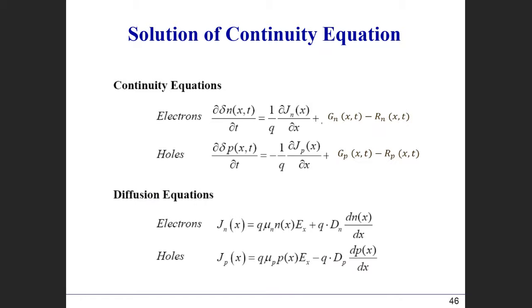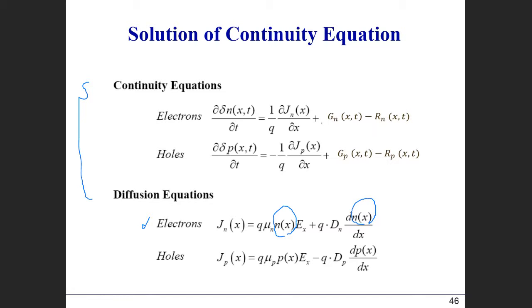For any kind of semiconductor device, when we look at the concentration change and current flow as you apply different biases, each material follows these two equations, and we need to solve them to get that information. If you look carefully, for the electron case, the electron current is related to the electron concentration.